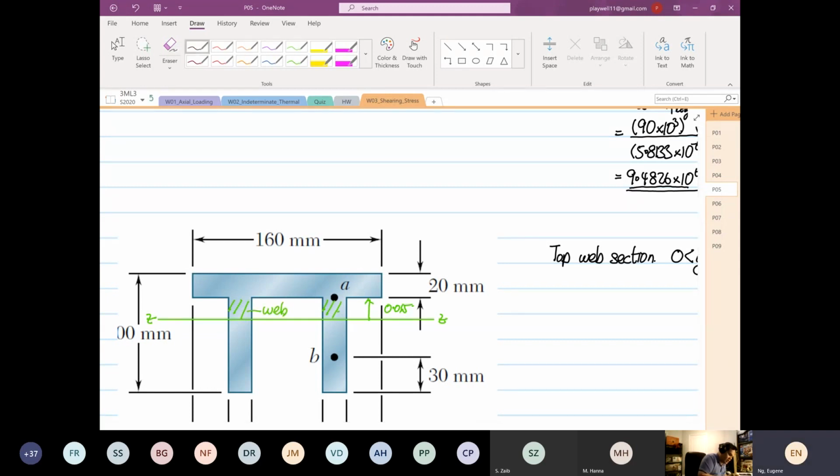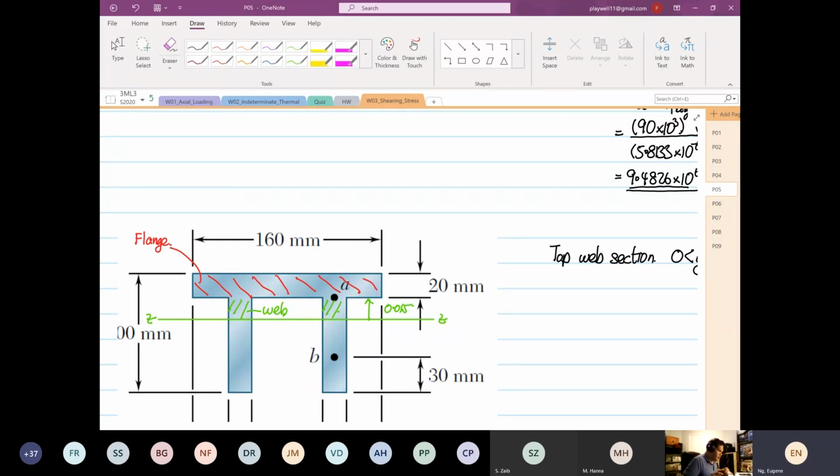And then the other one, this is our flange section. So one is our web and the other one is our flange. So that's why the limits is 0.015.